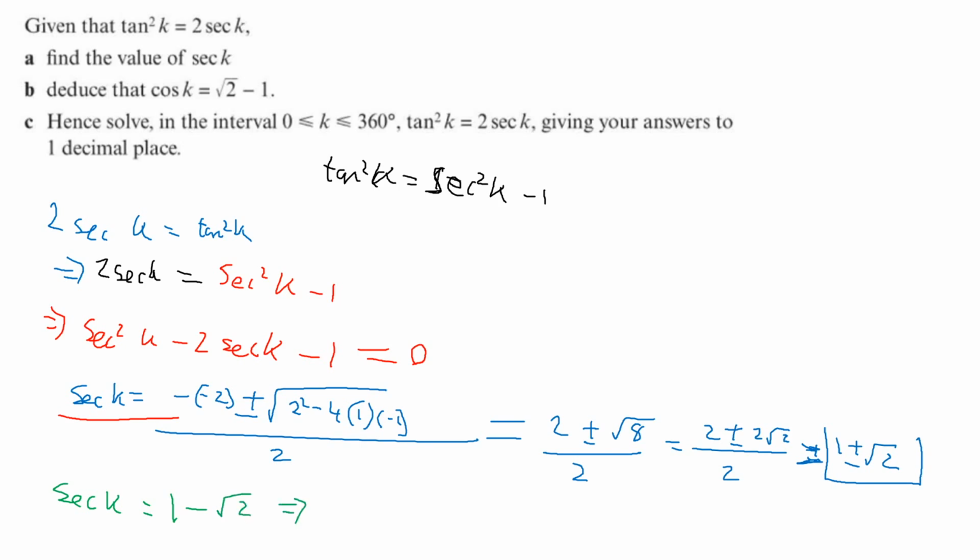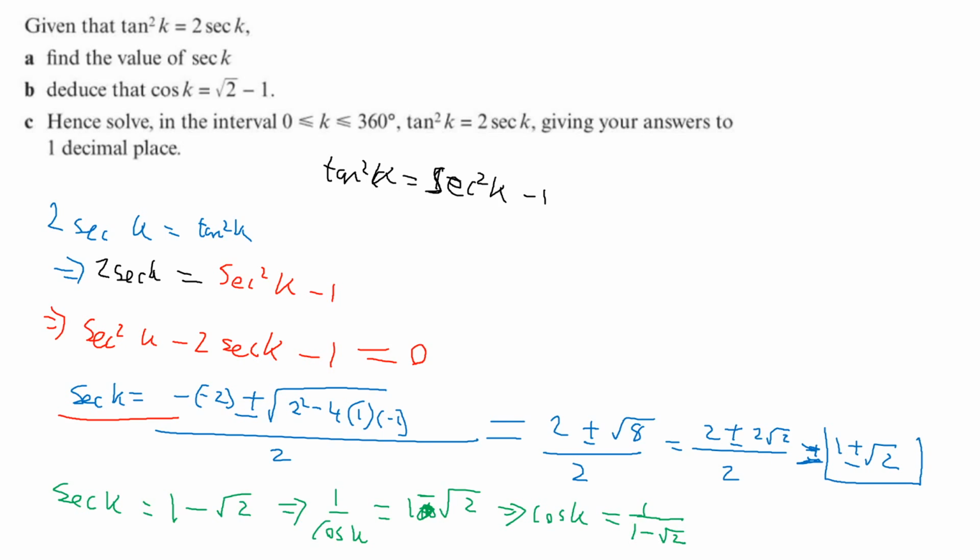Which means that 1 over cos k is equal to 1 minus root 2, which means that cos k is equal to 1 over 1 minus root 2.